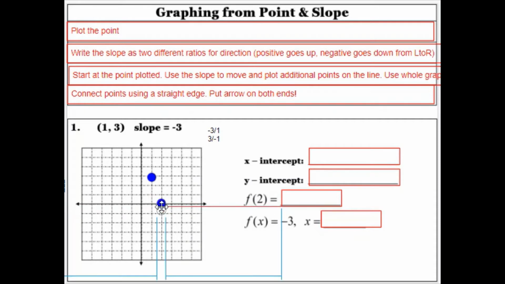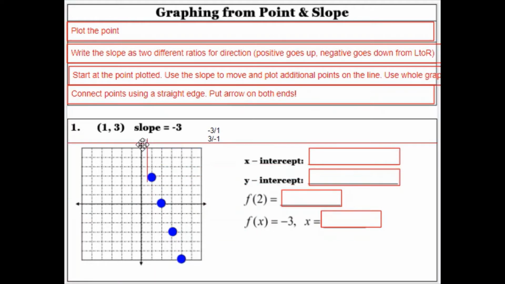From this point, go down 1, 2, 3, and over 1. And I think I can still fit one more in there. Down 1, 2, 3, over to the right 1. And I could also fit one in this direction by going up 3 and left 1. And again, if I look at it as a whole, that is a negative slope.